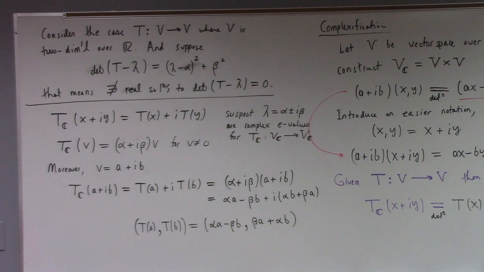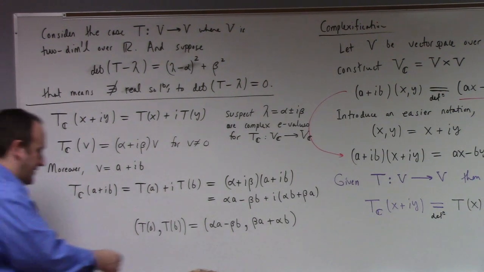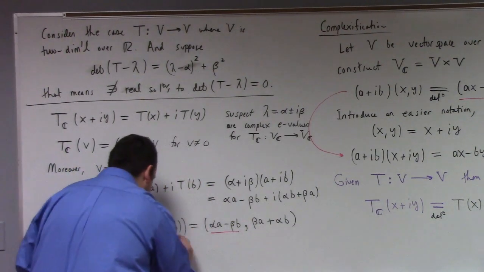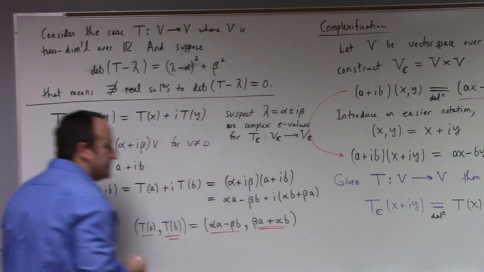But if you have a pair of things equal, what does that mean? The definition of Cartesian product means each slot has to separately match. In other words, the real part has to match the real part, the imaginary part has to match the imaginary part. And so that gives us the equality of TA with that and TB with that.